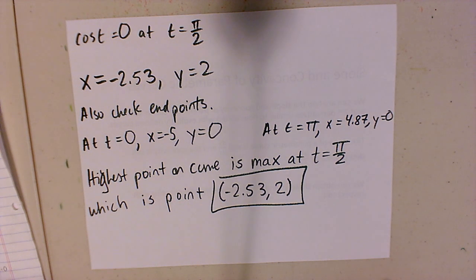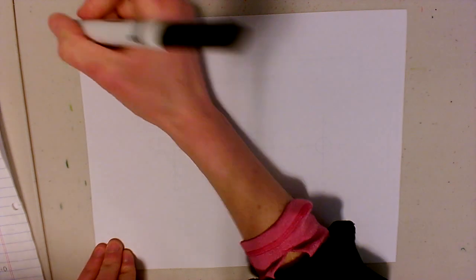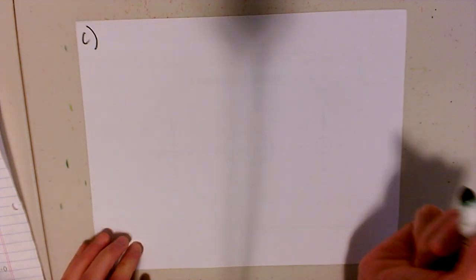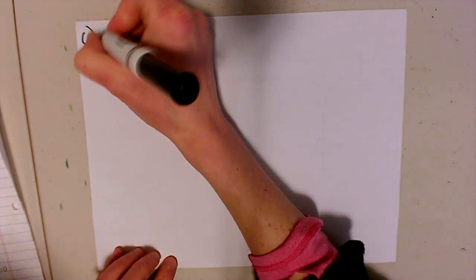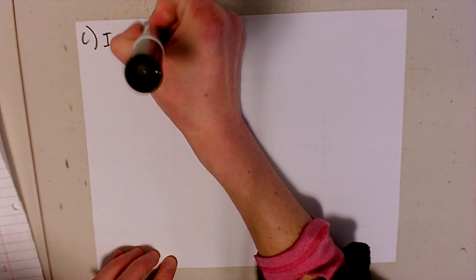And then for part C, we have to find all the inflection points. If we want to find our inflection points, we're going to need our second derivative.